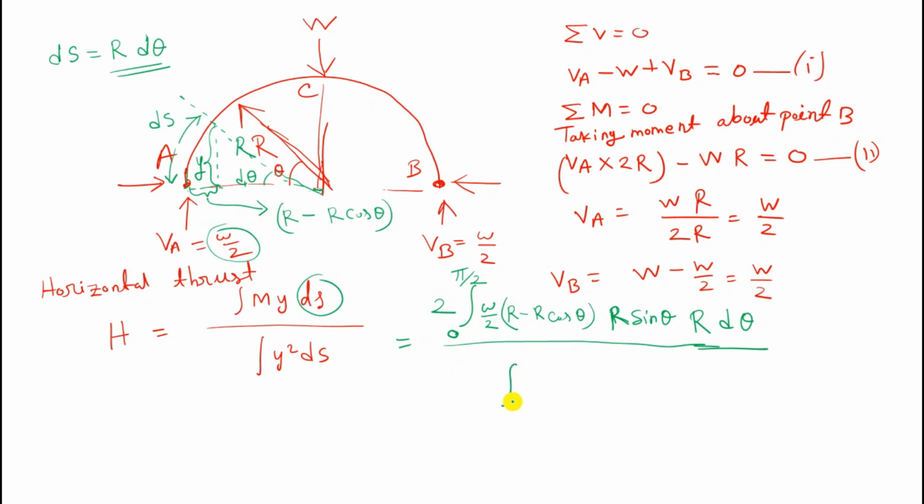And this portion is y square ds, and y square means r square sin square theta, and ds means r d theta, and the limit will be 0 to pi by 2.